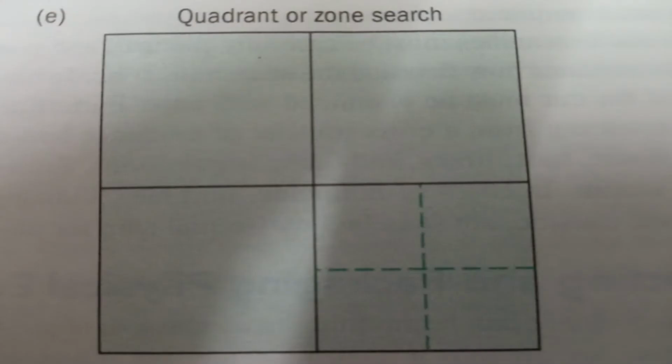The quadrant search method divides the scene into zones or quadrants, and each team member is assigned to search each section. Each section can be subdivided into smaller sections for smaller teams to search thoroughly.